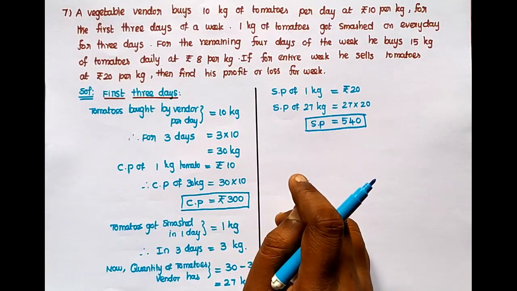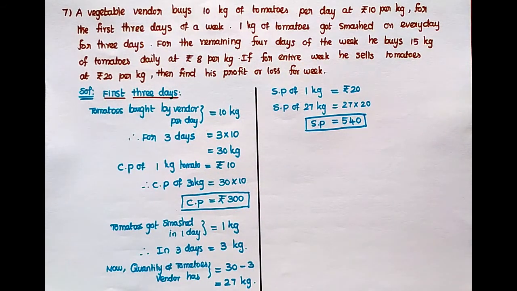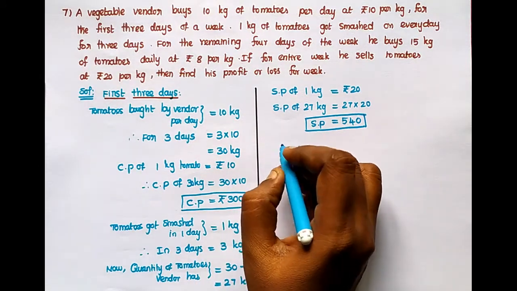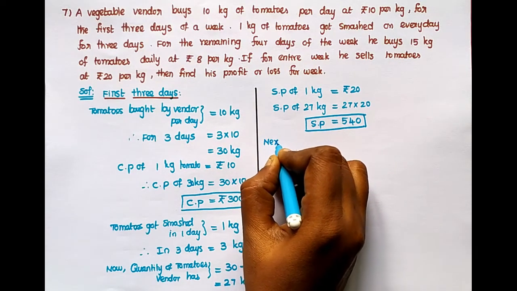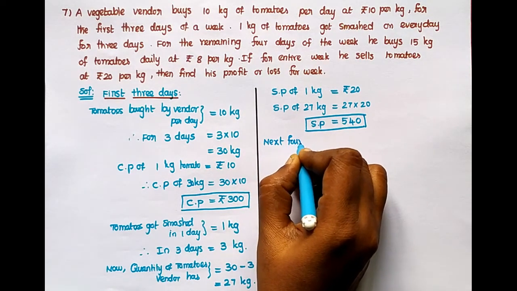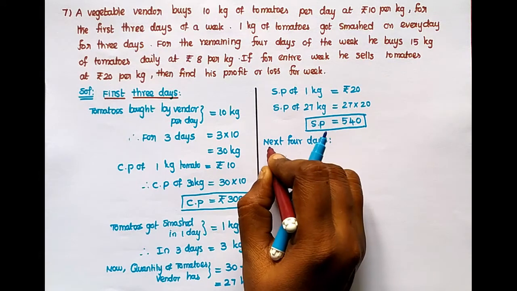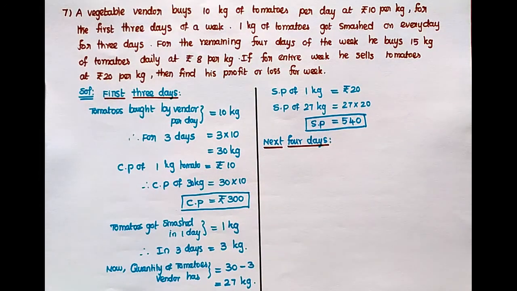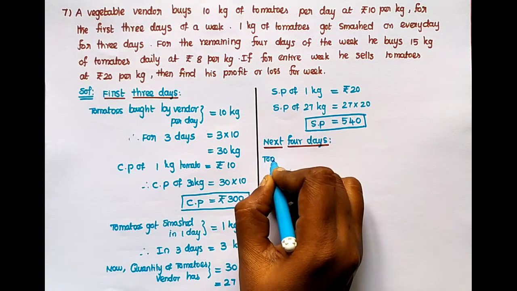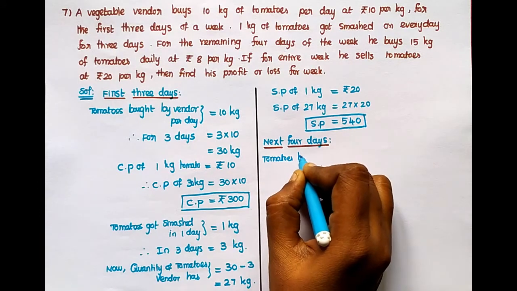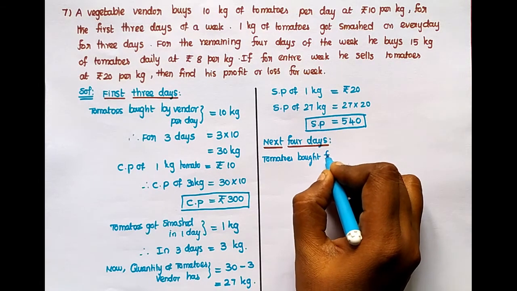Now what we have to do? Remaining 4 days we have to find out cost price and selling price now. Next 4 days. Listen, tomatoes bought for 1 day.